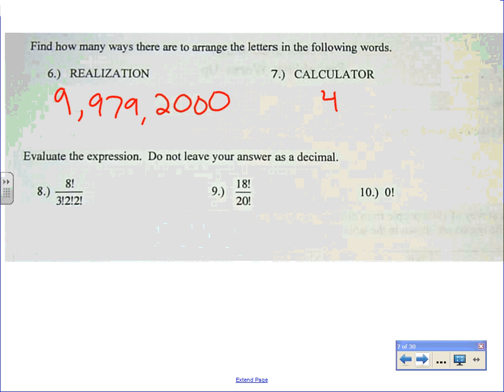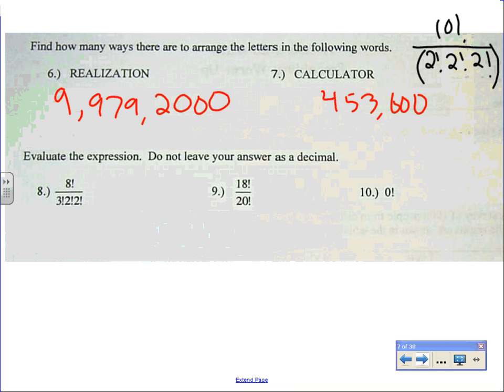So 10 factorial over, there's 2 C's, 2 L's, and 2 A's. So you should have done 10 factorial divided by 2 factorial times 2 factorial times 2 factorial. Okay. In parentheses. And I don't know how many times I'm going to say this, but you need to make sure this is in parentheses. So when you put it in, your calculator becomes smart. Remember, you have to tell the calculator what to do.